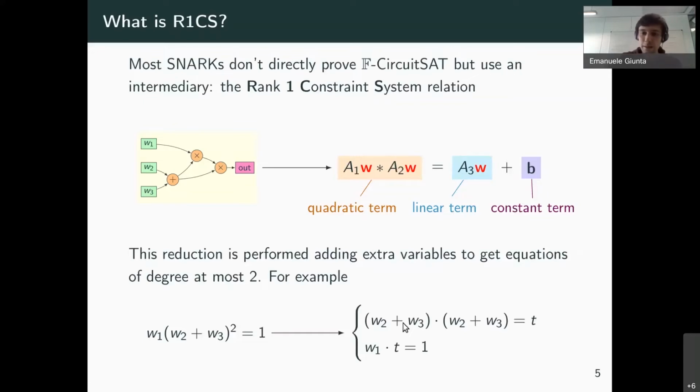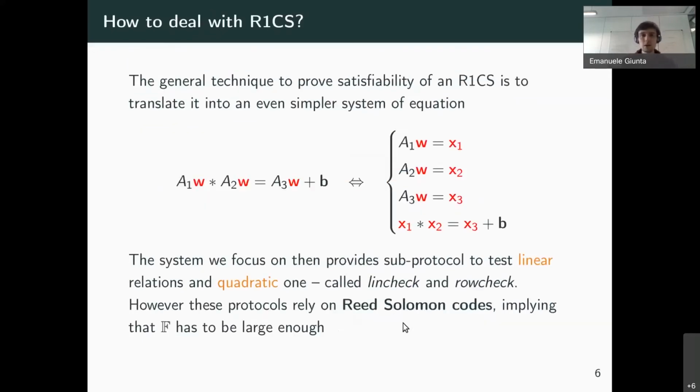Okay, so moving on, how are R1CS easier to deal with? Why are they easier to deal with, and how are they used? The main idea is that once we have an R1CS, a system as expressed before over a finite field, we can complicate things even more and introduce more extra variables in order to linearize the problem.